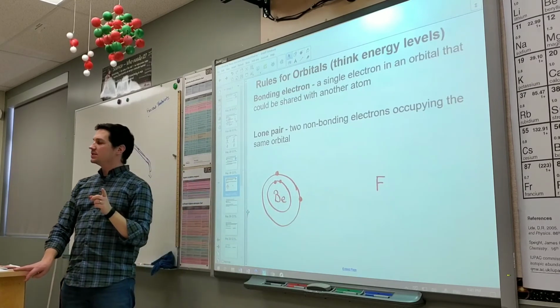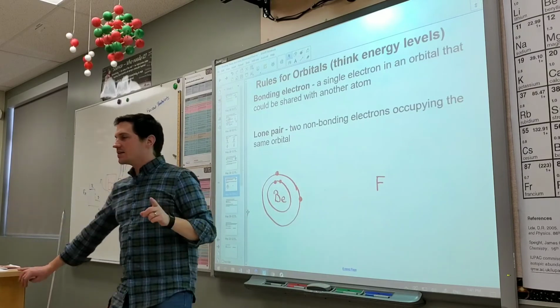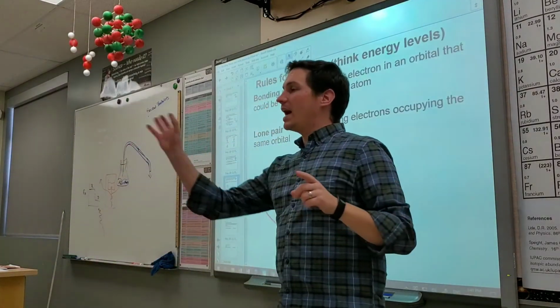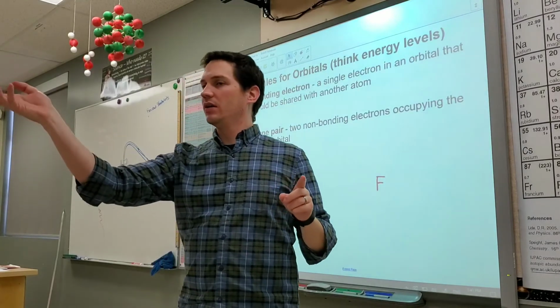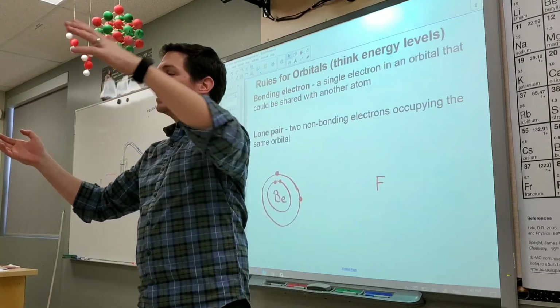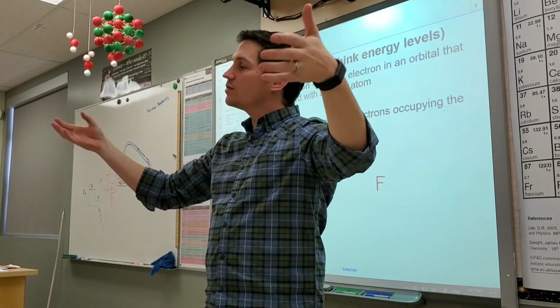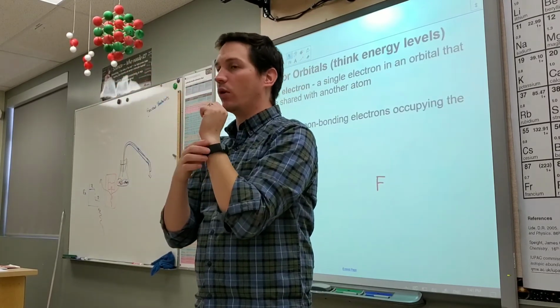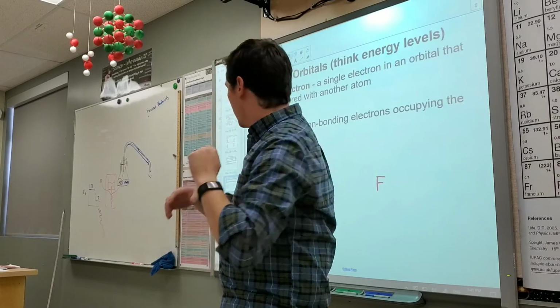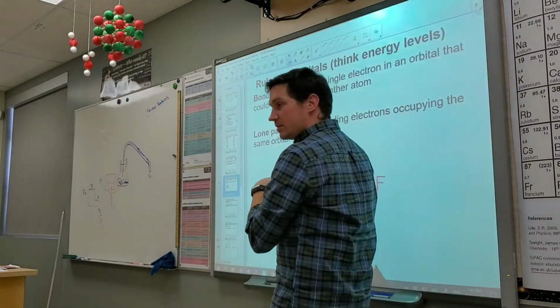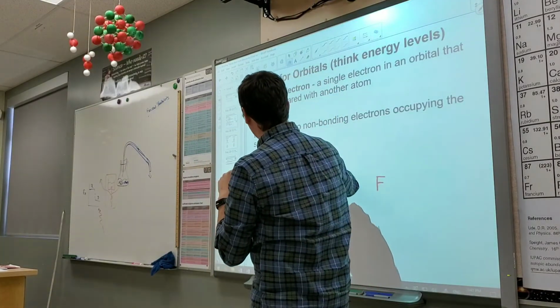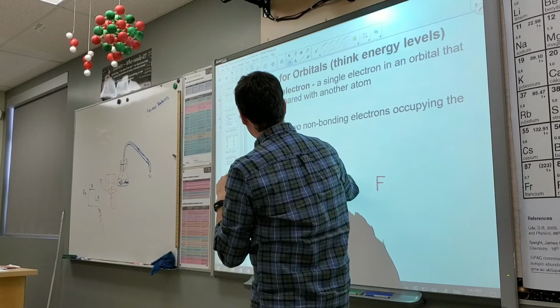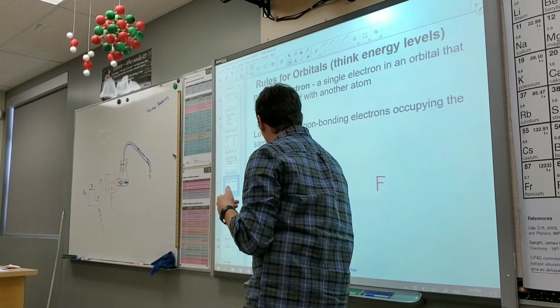What that means is that if beryllium has an extra electron, and then another element has an extra electron, those electrons can combine and occupy the same orbital. Okay? So another element could come by, any element at all, as long as it's got one bonding electron.